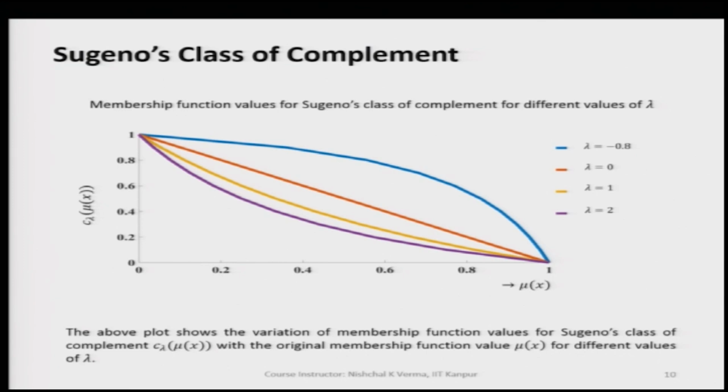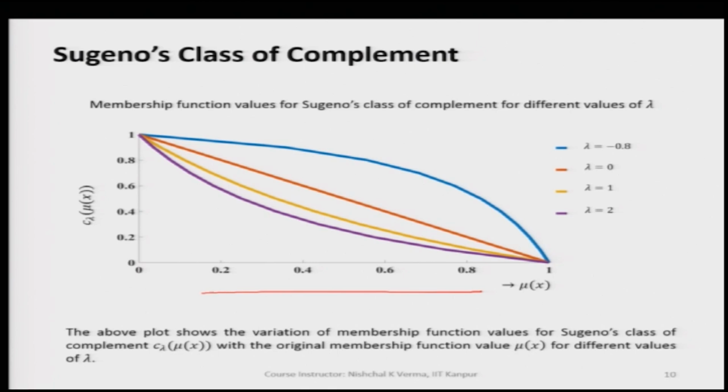So, let us now plot all these outcomes, all these complement fuzzy sets of fuzzy set A, and plot the membership values as to how they are changing with the various values of lambda equal to minus 0.8, lambda equal to 0, lambda equal to 1, lambda equal to 2.